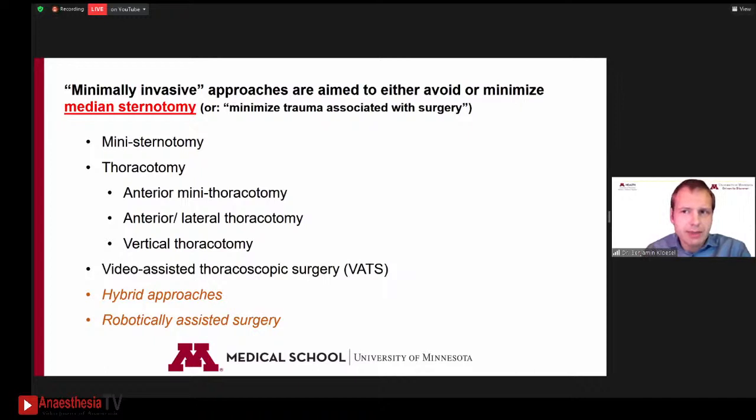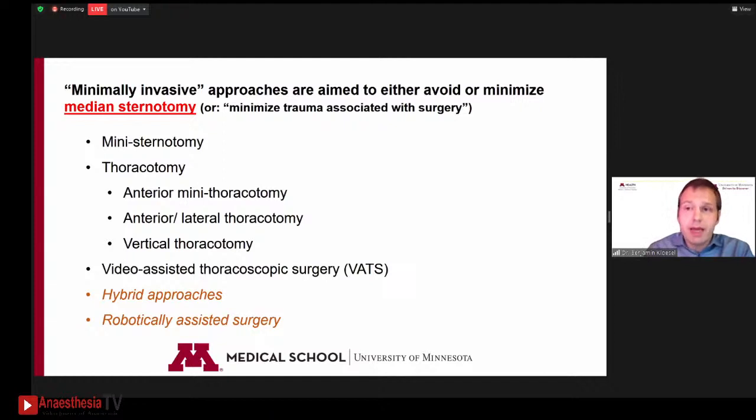I have marked them in a different color here because a lot of the hybrid approaches actually involve a full median sternotomy, which would make them not necessarily a minimally invasive approach. But that being said, some of those approaches allow us to avoid cardiopulmonary bypass. You might imagine, for example, a perventricular VSD closure in a premature infant.